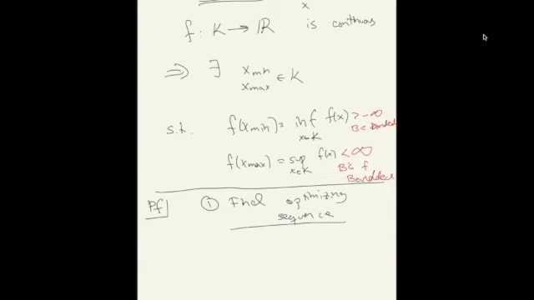That means we find an x_n in K such that the limit as n goes to infinity of f(x_n) is equal to the infimum over all the values in K. And at this point, I'll say that we will prove only the case of infimum.